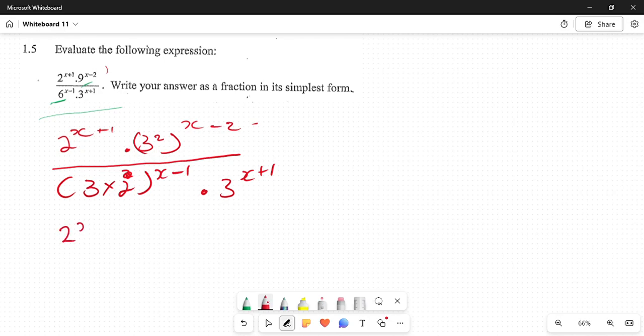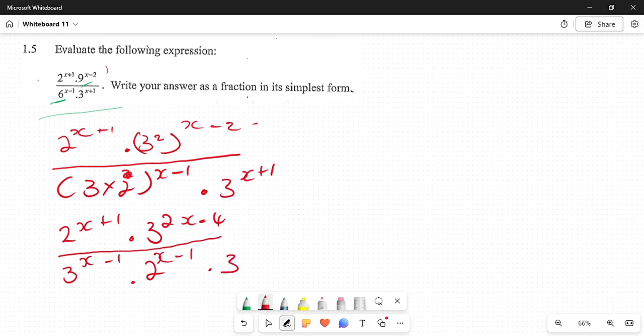So it is 2 to the power x plus 1 multiplied by 3 to the power 2x minus 4, all divided by 3 to the power x minus 1 times 2 to the power x minus 1 times 3 to the power x plus 1.